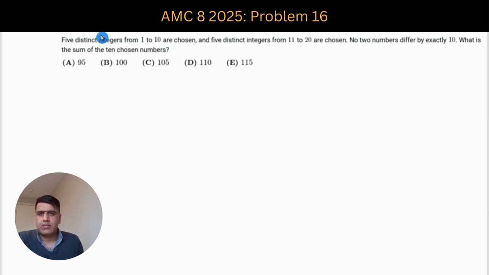Now let's look at problem 16, where 5 distinct integers from 1 to 10 are chosen and 5 distinct integers from 11 to 20 are chosen. No two numbers differ by exactly 10. What is the sum of the 10 chosen numbers?